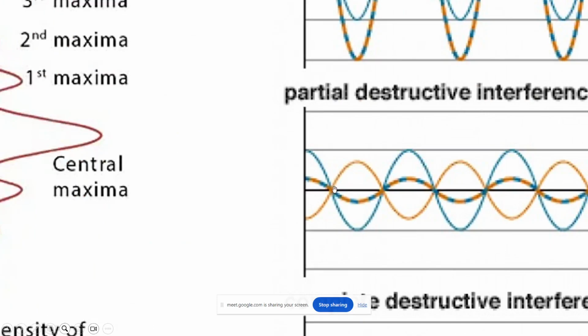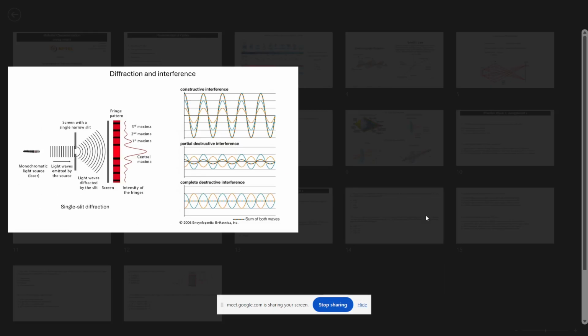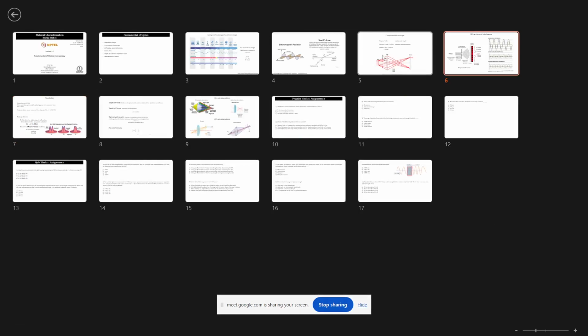This is the zero intensity, and if we consider this as 1, then for the orange one this is lesser than 1. So if we add these two, we'll get a positive value on the blue side. Similarly, in the other case, this is lesser, this is more, so after adding these two, I'll get an intensity which is on the negative side. So we'll get a resultant intensity which is lesser. So this is partial destructive interference, not complete destructive interference.